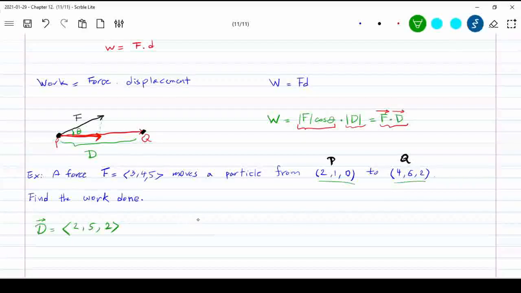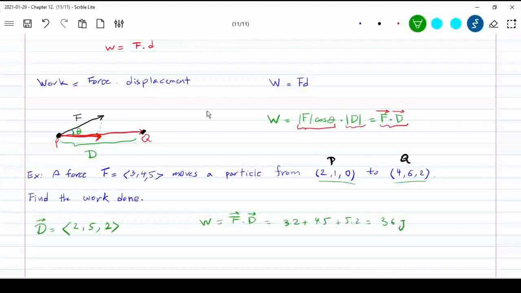And then the work done is simply F dot D, which is 3 times 2 plus 4 times 5 plus 5 times 2. You don't need to draw any pictures. This is fairly easy. This is 6, 20, 10, total 36 joules, if you want, as the unit of the work done.